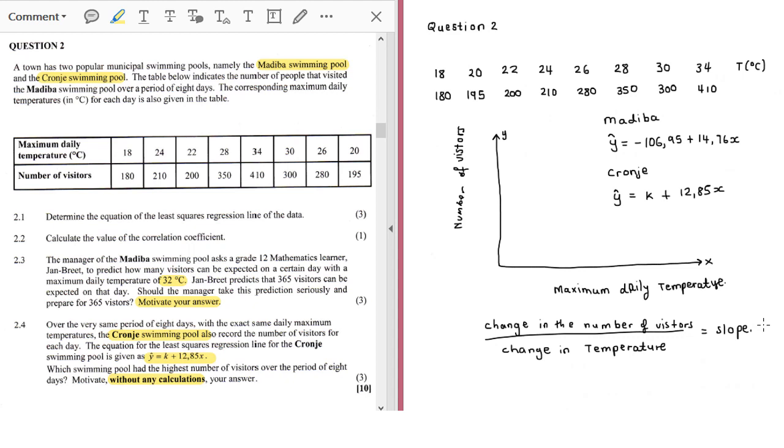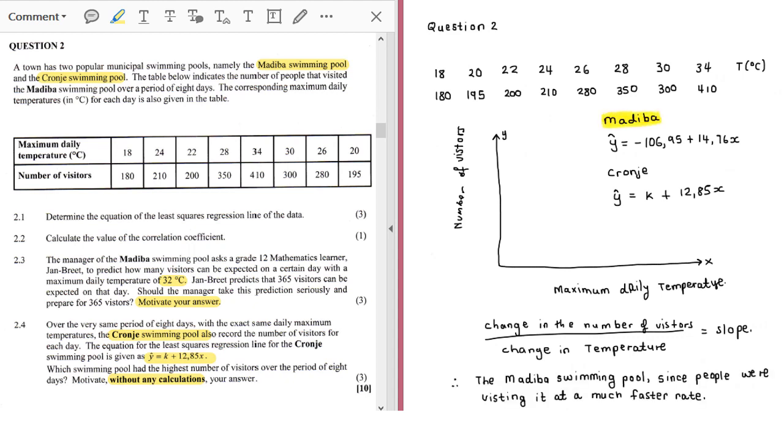So to answer this question, which swimming pool had the highest number of visitors over this period of 8 days? That would have to be the swimming pool, oops, I'm not in highlight mode. There we go. That would basically be the Madiba swimming pool.